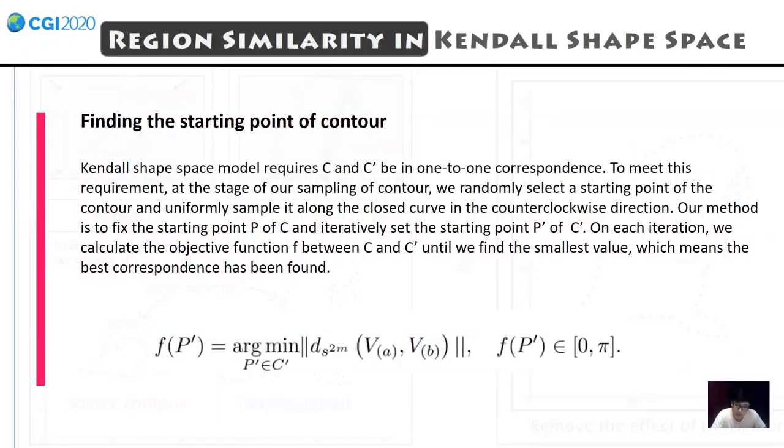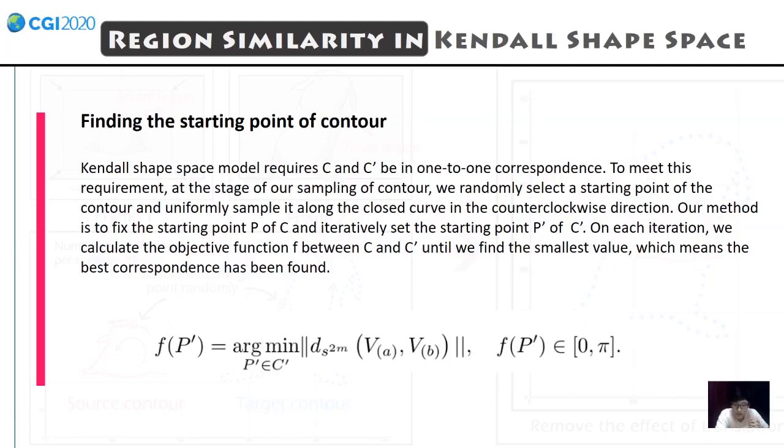But the Kendall model requires C and C prime to be in one-to-one correspondence. In other words, the model is sensitive to the number and order of contour point sampling. To meet this requirement, our method is to fix the starting point P of C and iteratively set the start point P prime of C prime.